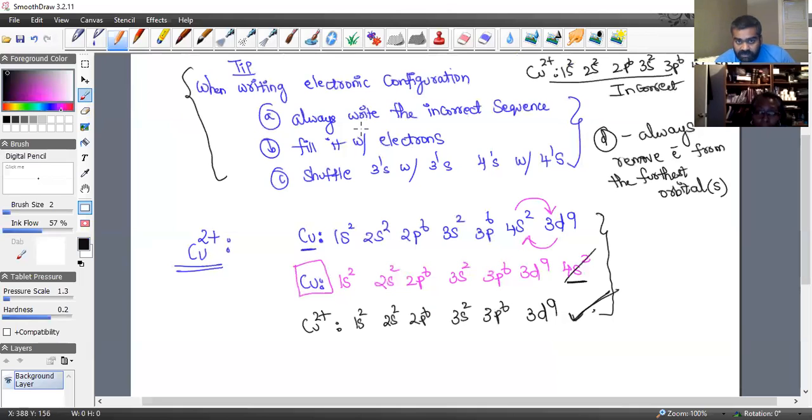If you follow this when you deal with electronic configuration, the chances of you getting anything wrong is practically not there. If you try to cut short and save time and go straight for the kill, that's what happens. You don't save any time. You actually lose points by getting it wrong.